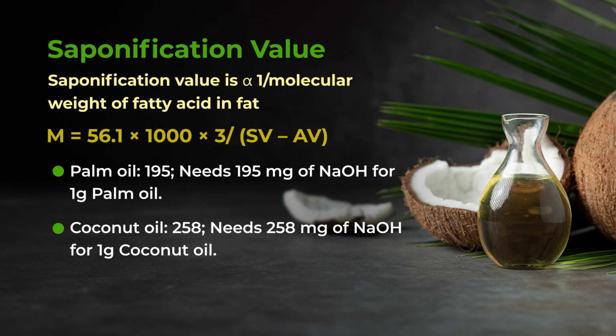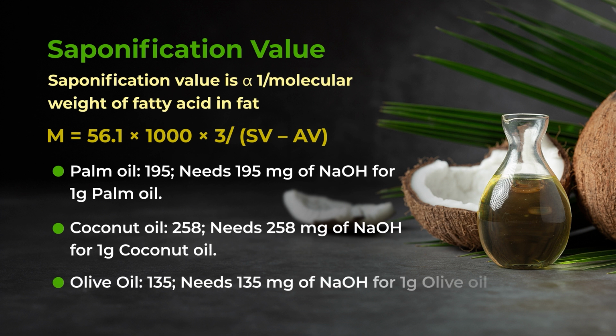Palm oil is 195. So by this formula, 56.1 into 1000 into 3 divided by sap value minus acid value will give you the molecular weight of palm oil. Olive oil, the sap value is 135, coconut oil 258, palm oil 195. When I say 195 sap value, that means it needs 195 milligram of NaOH for 1 gram of palm oil.